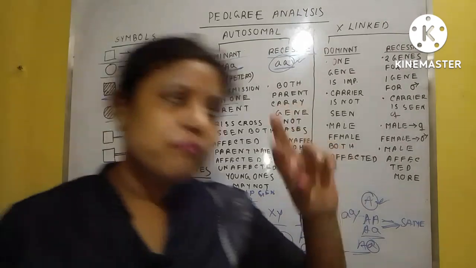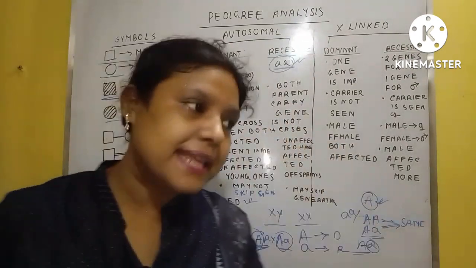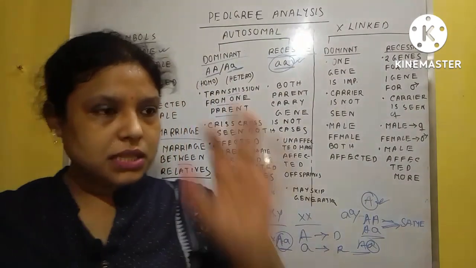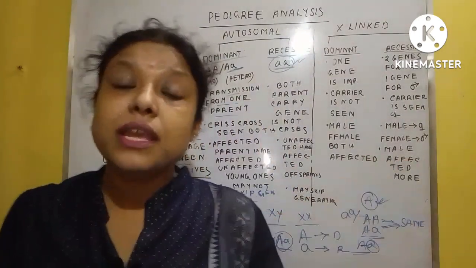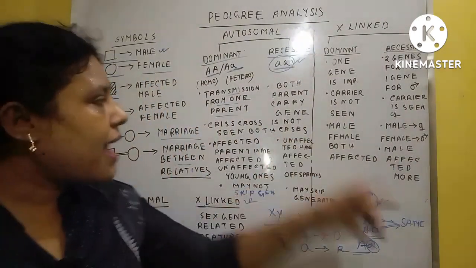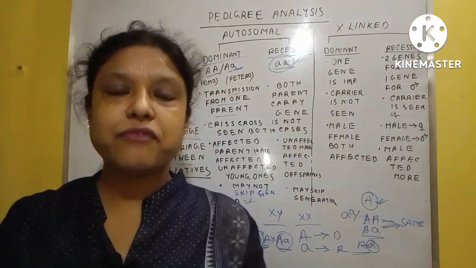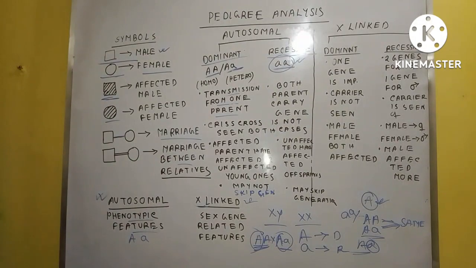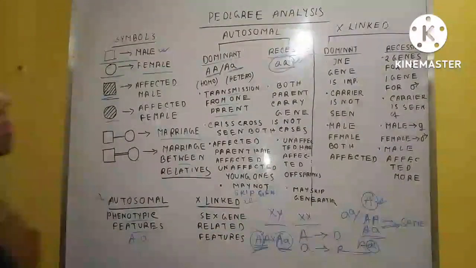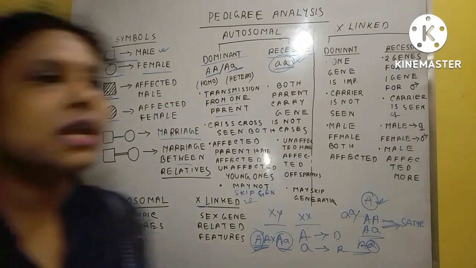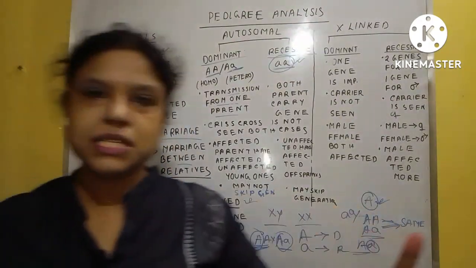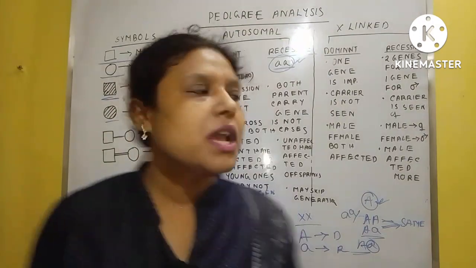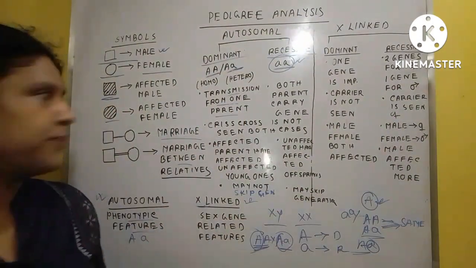Because here both parents carry the diseased gene in a suppressed way. That's why the unaffected parents have affected individuals. Clear? And the last one, it may skip a generation. You can see that if one generation has diseased offspring, the next generation may not have any. Okay, so skipping is seen here.